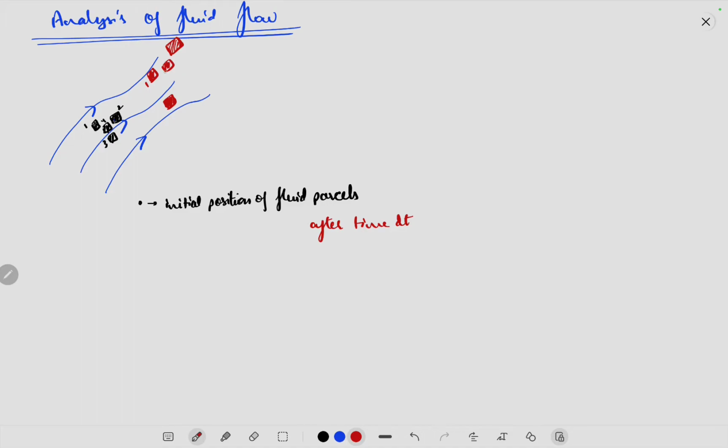This is the 4th parcel, this is the 2nd, and this is the 3rd fluid parcel. So this corresponds to the position of the fluid parcels after time dt. Let me draw 3 like this.